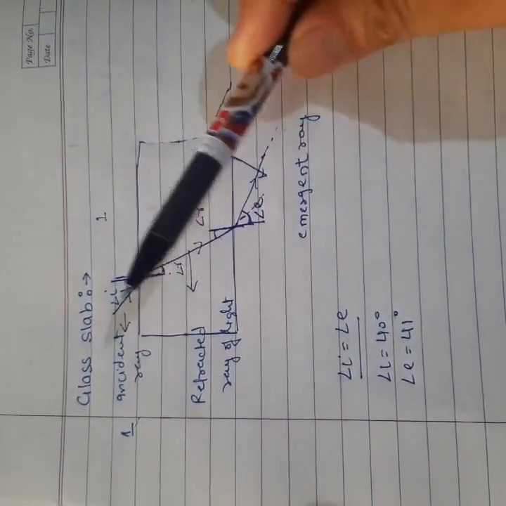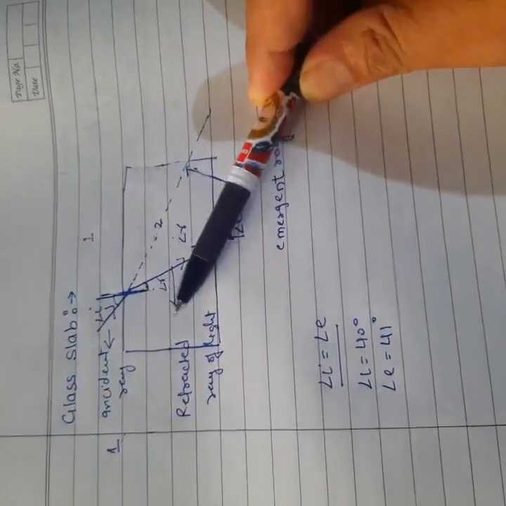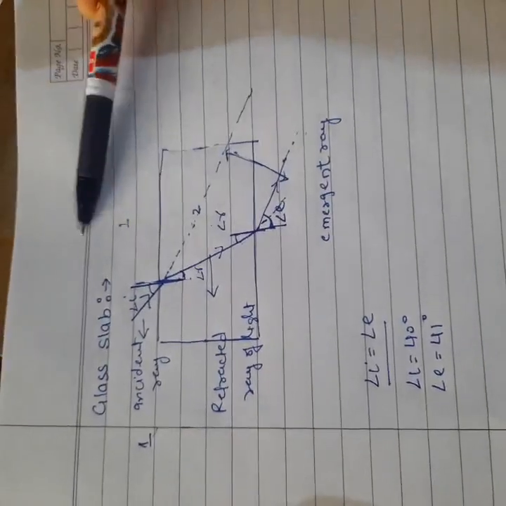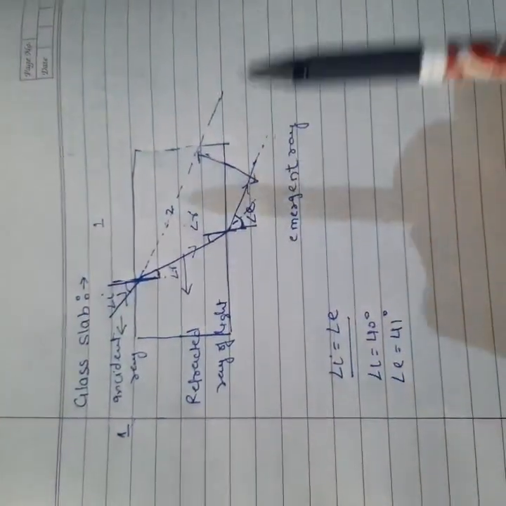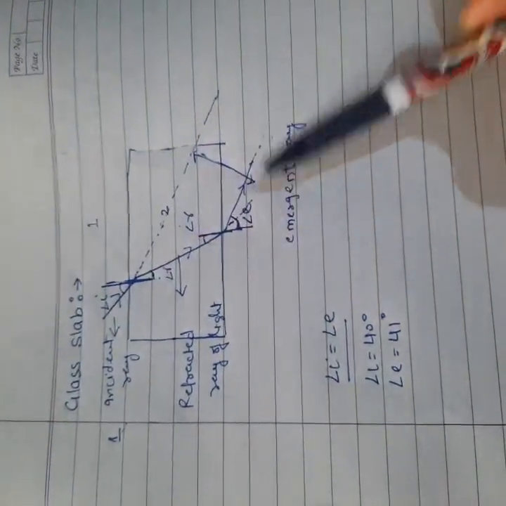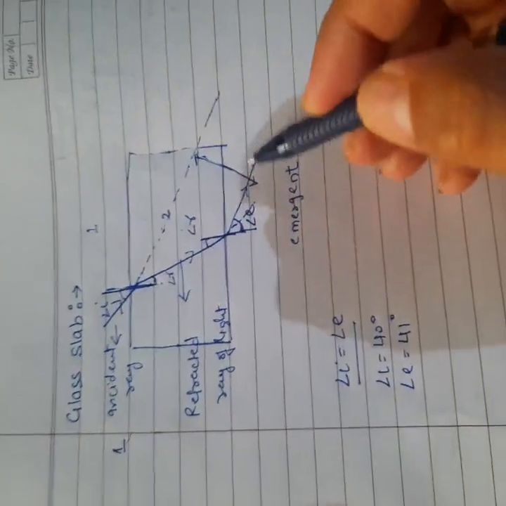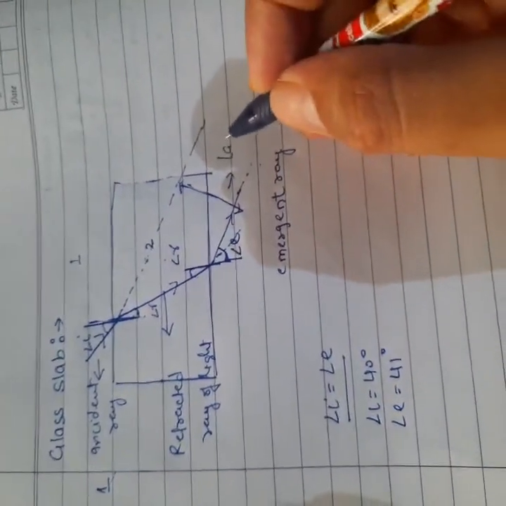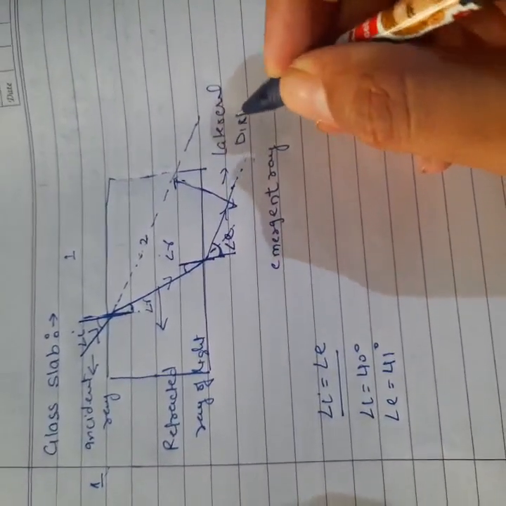You can see the incident ray shifts a little up or down and becomes the emergent ray. Clear? But both rays are in air. This is also in the air medium, this is also in the air medium. So both places the angle will be the same, meaning the incident angle is equal to the emergent angle. This distance is called lateral displacement.